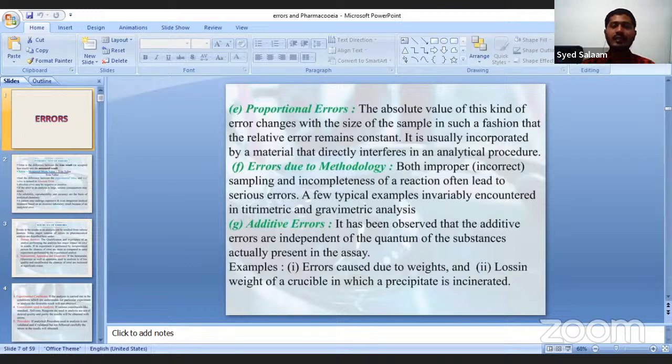So this is about the various pharmacopoeias. Usually we would be looking at these 4 standard books: Indian Pharmacopoeia, British Pharmacopoeia, USP, the United States Pharmacopoeia, and European Pharmacopoeia. Being in India, we would mostly be associated with the IP.